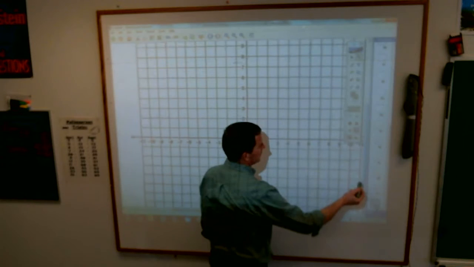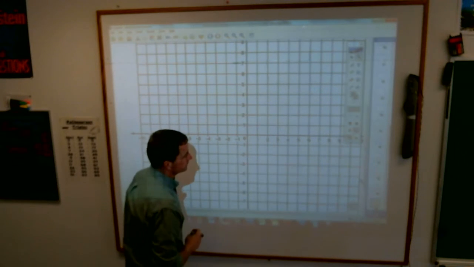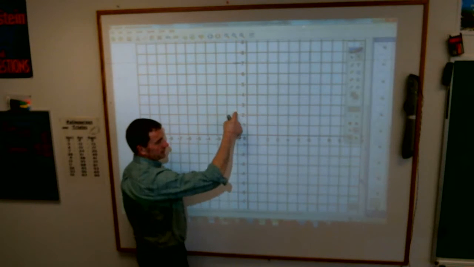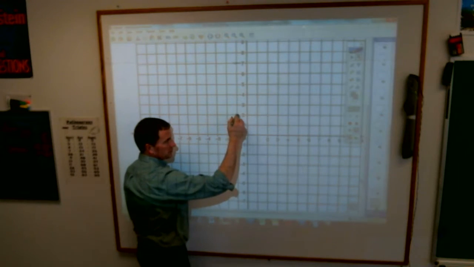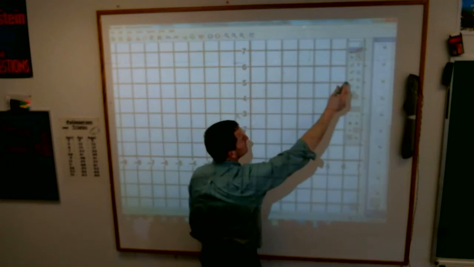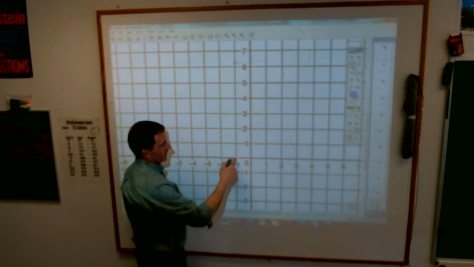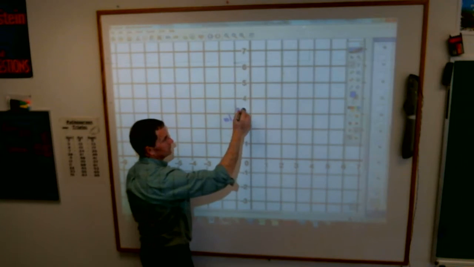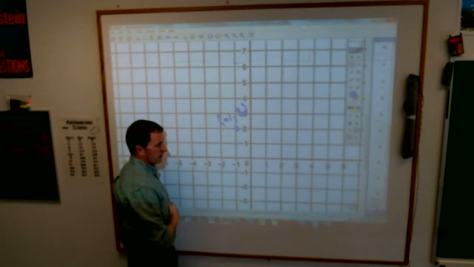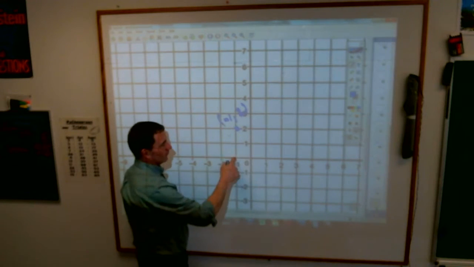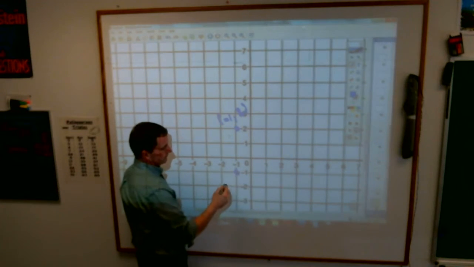Point number one, what was it, Wade? -1, 2. -1 is here, 2 is there, they cross right here. Second point was where, Abram? -1, -1.